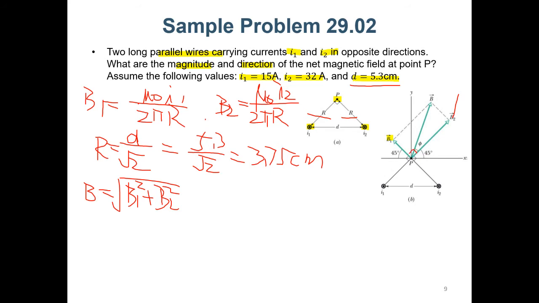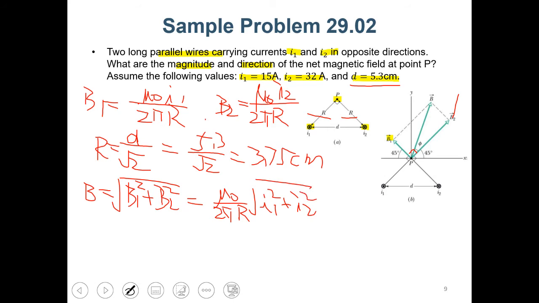So we can use the Pythagorean theorem to calculate the magnitude of the total B. It is nothing but mu 0 over 2 pi r, times the square root of I1 squared plus I2 squared, something like this.